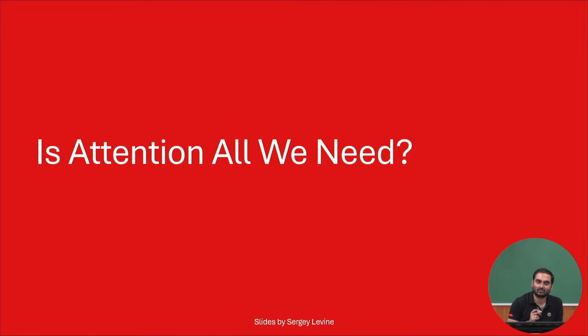So in the vanilla RNN, what were the problems? Number one, the bottleneck problem; number two, the vanishing gradient problem; number three, you are not able to access all the tokens in parallel. You have to do it in a sequential manner.